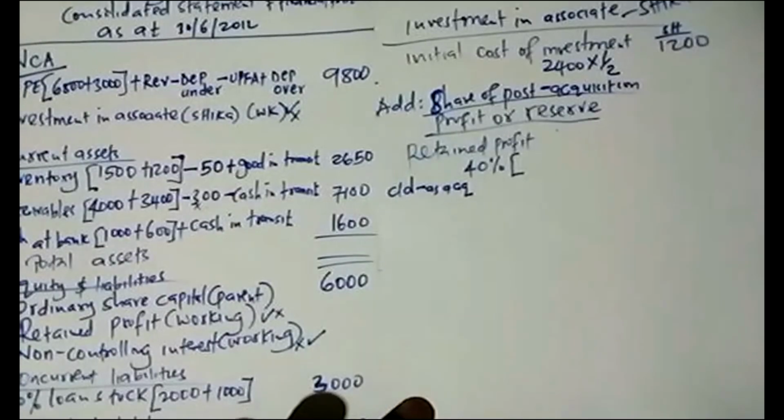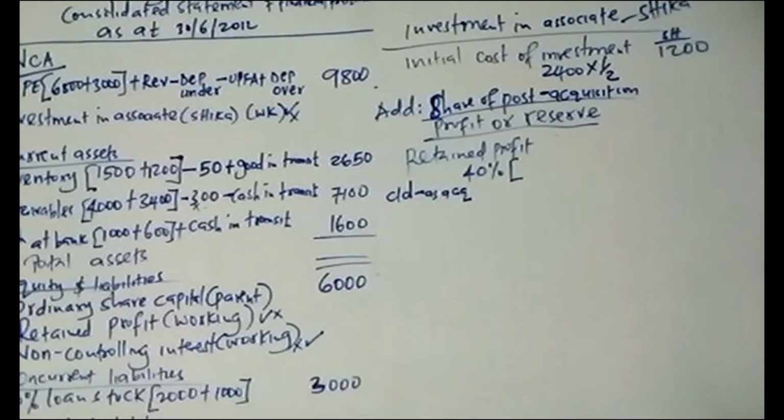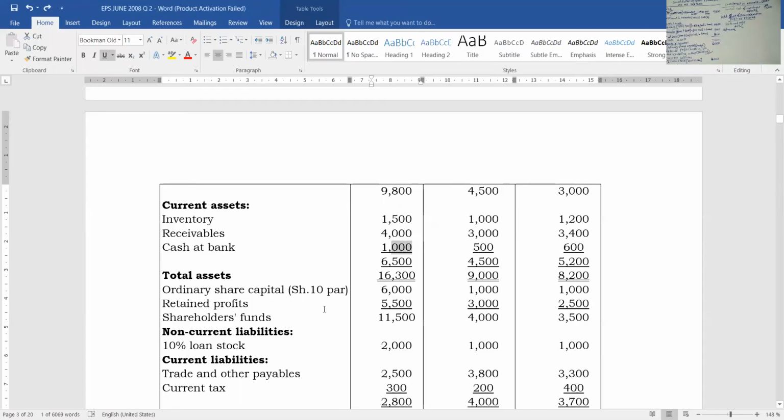The balance carried down was for Shika. Remember, we are dealing with Shika. You go to the income statement or the statement of financial position. It was 3,000 by the end of the year. So you take 3,000 minus the balance which was there at the time of acquisition.